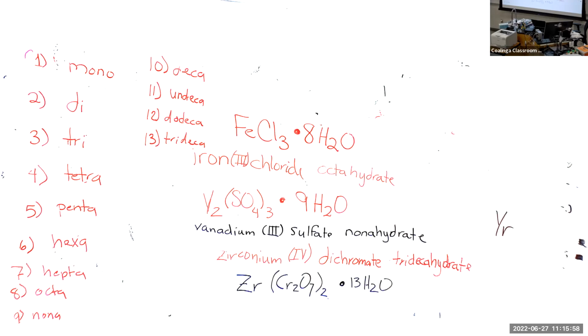It's Cr2O7, parentheses 2. Each one is a -2 charge. Zirconium is a +4 charge. And then we have 13 waters. So it's not in any of the 4. Okay, we just have to order some more. What was that? It's just Cr.